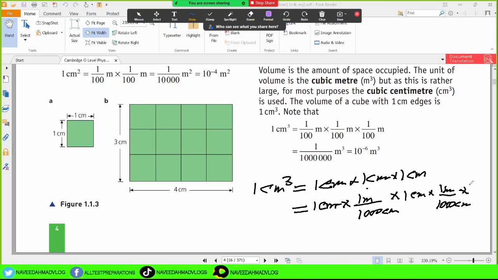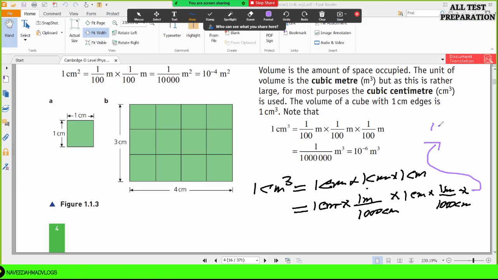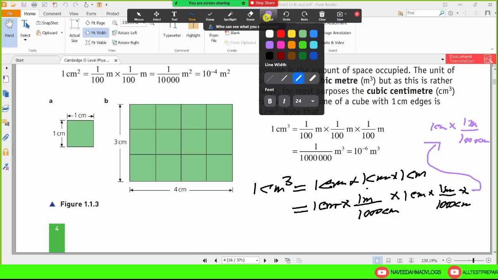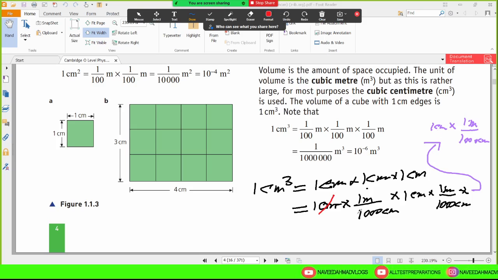So what will happen? This centimeter will cancel by this centimeter, this centimeter by this centimeter, and this centimeter by this centimeter.